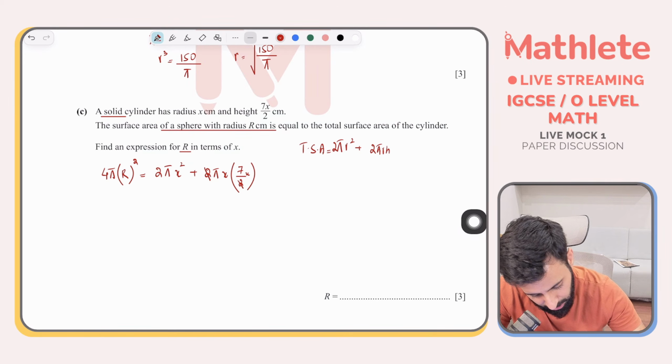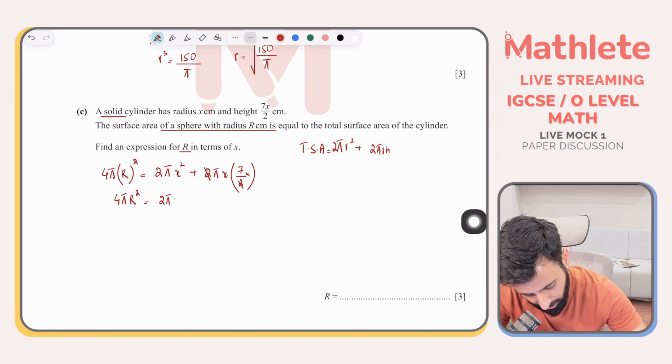So 2 and 2 cancel. Let's keep this as it is for now. 4 pi r square is equal to 2 pi x square plus 7 pi x square. 7 plus 2 is 9. 9 pi x square is equal to 4 pi r square. Pi and pi cancel. r is equal to 9x square upon 4.